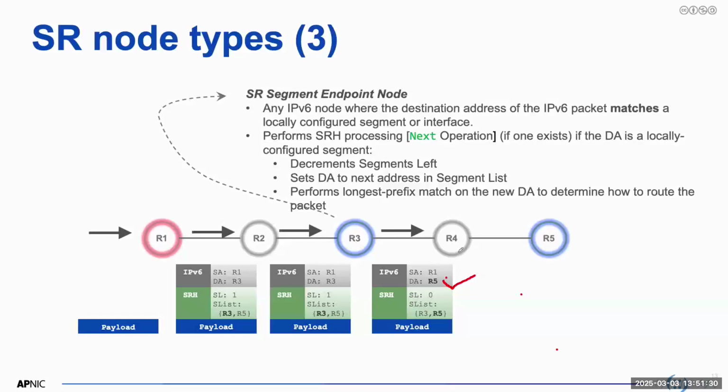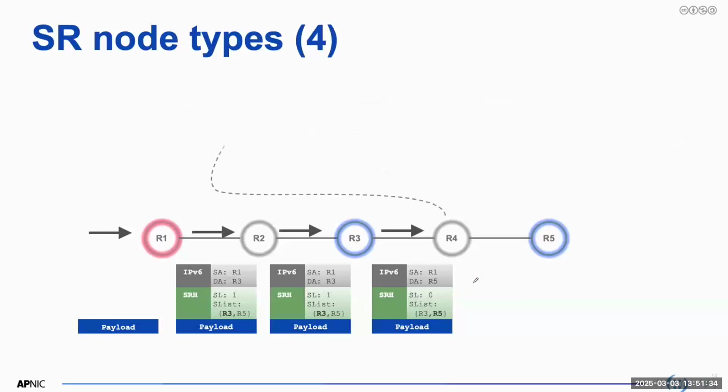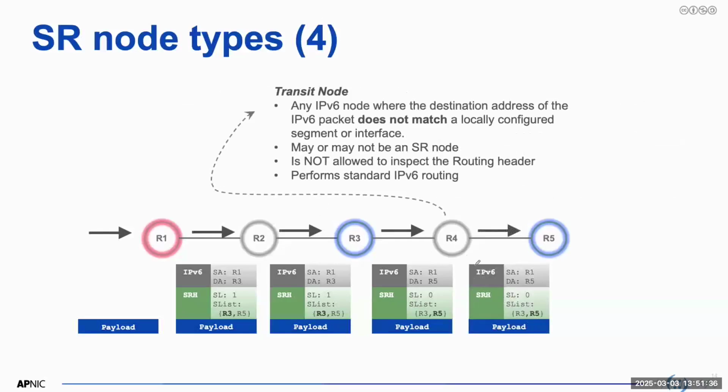In this case, when R4 receives the packet, because the destination address is the R5 address and this is R4, the destination address does not match the local node address. So it does not need to process the segment routing header, or the SRH. It will just do normal routing.